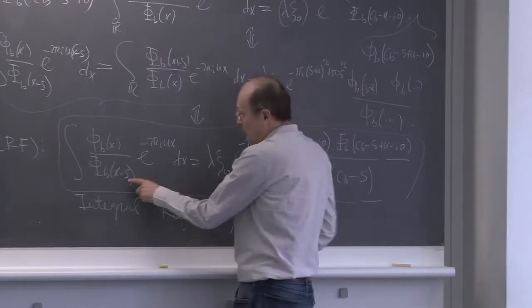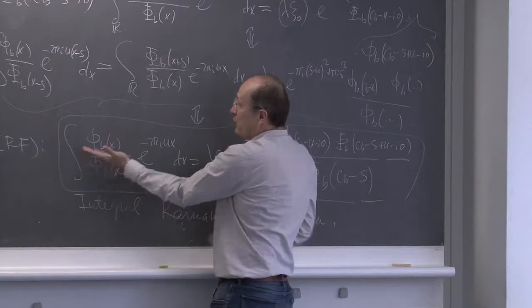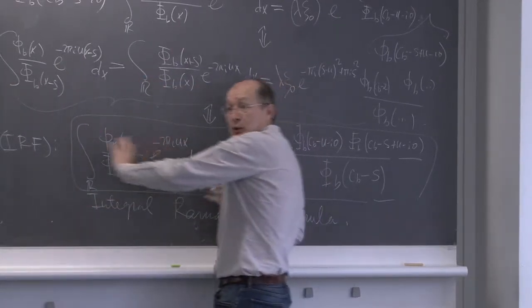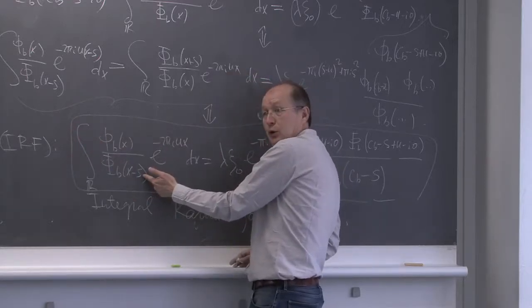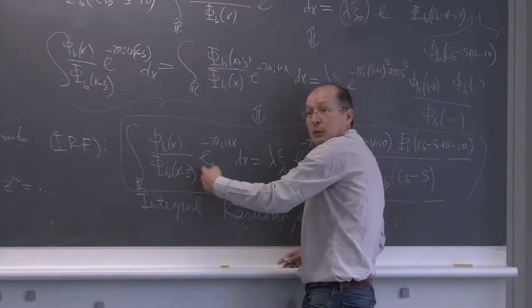We know that when we send S to plus infinity, if we shift the contour a little bit into the complex domain to make this absolutely convergent, then the limit as S goes to plus infinity allows us to replace this phi by 1.